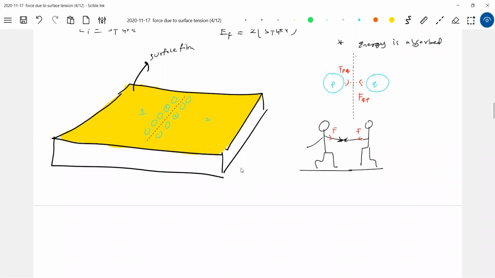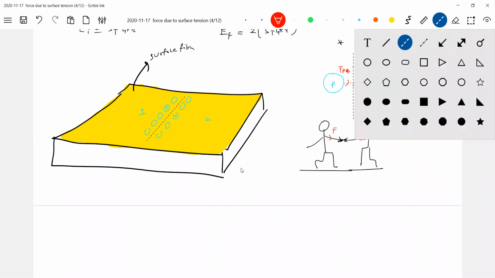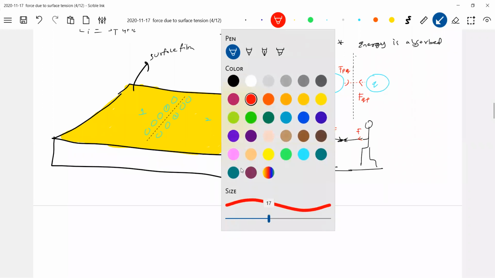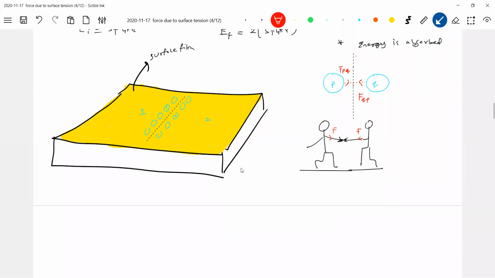So here the force, I think I have an arrow. Agree this. So at one point or at every point it will be acting.